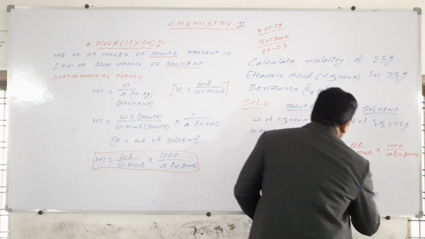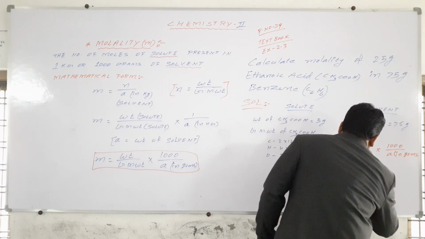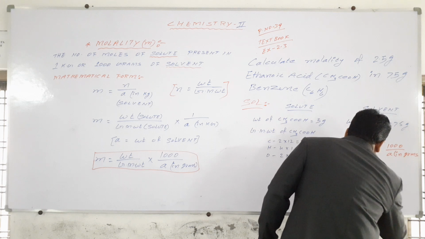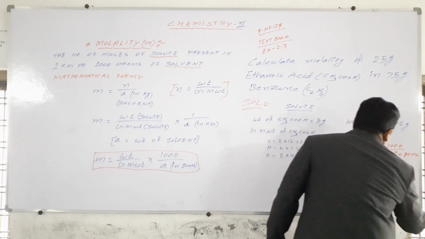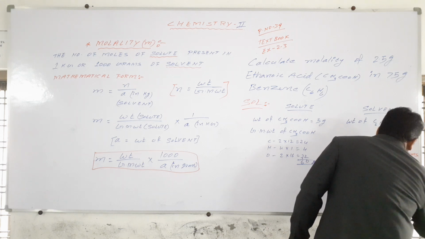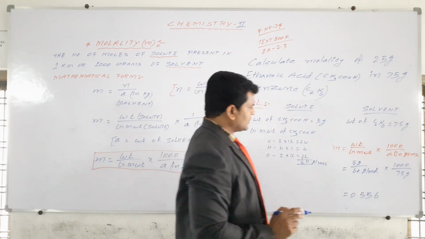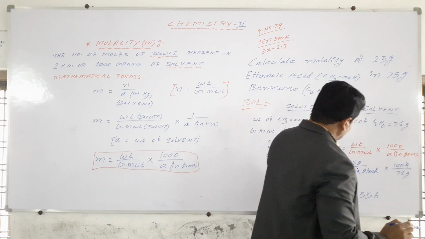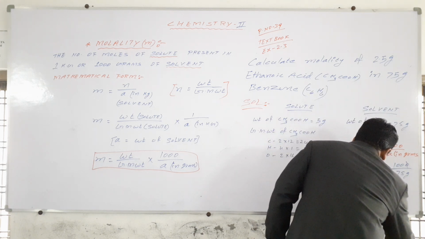Next, this is equal to weight 5 grams by gram molecular weight 60 grams per mole into 1000 by 75 grams. Then the zeros cancel. This is equal to 0.556.